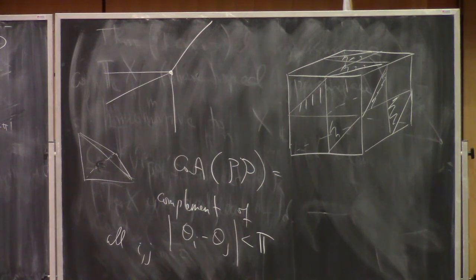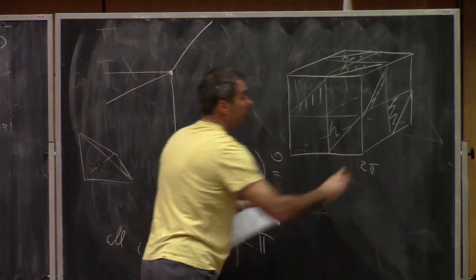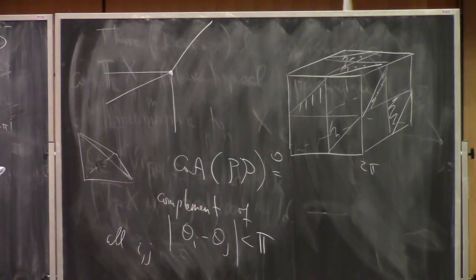Thetas are the arguments of the coordinates. So it's a complement of this beautiful zonotope, and this is usually how people draw it. But that picture is from minus pi to pi. I really want it from 0 to 2 pi, and you will see in a second why it is better. Okay.